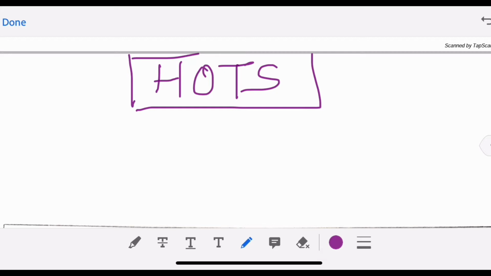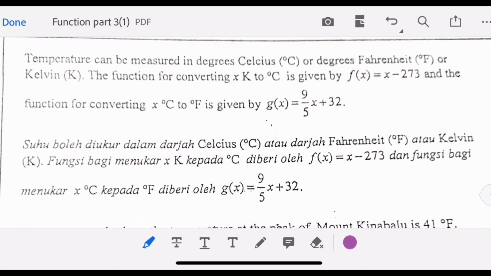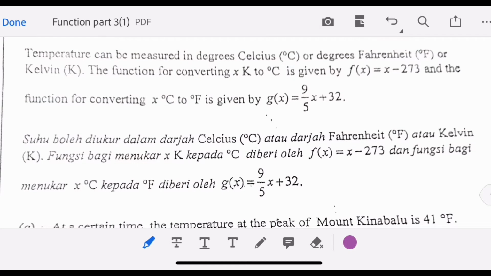Like the example question that I would like to discuss, which is the application of function in conversion of temperature. This is actually a hot question, so you must get used to hot questions.